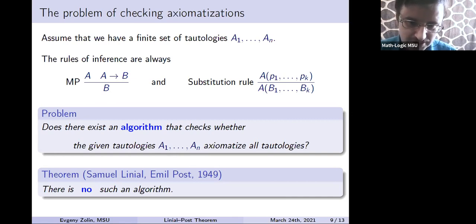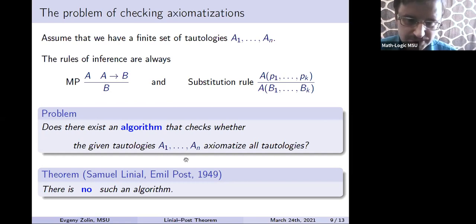It is not an automatic procedure. So every completeness proof needs some invention. In other words, this problem is undecidable.